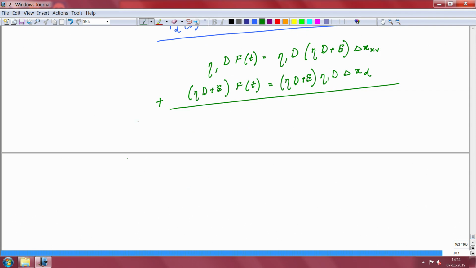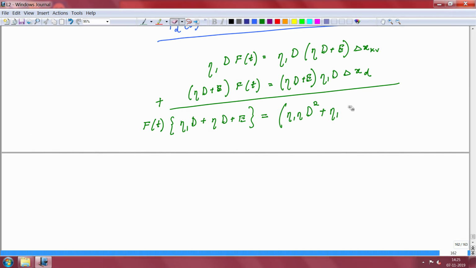and here we will get f of t times eta 1 D plus eta D plus E, and this is equal to, if you open all the brackets, then what we find is you will have an eta eta 1 D square plus eta 1 D. Okay.